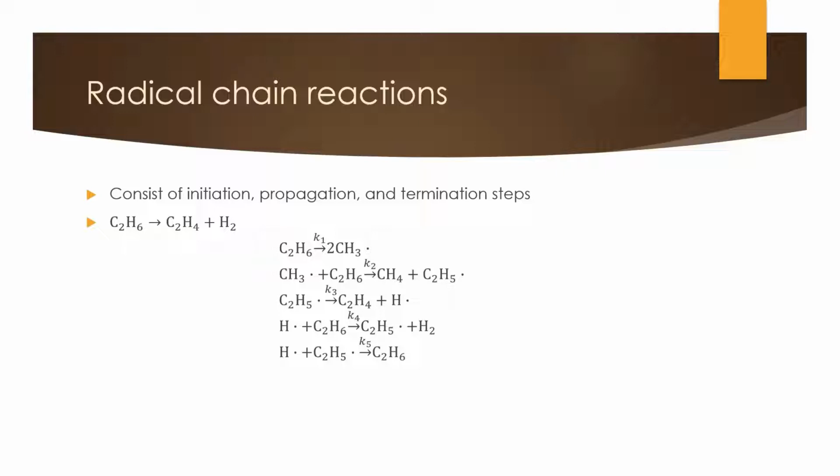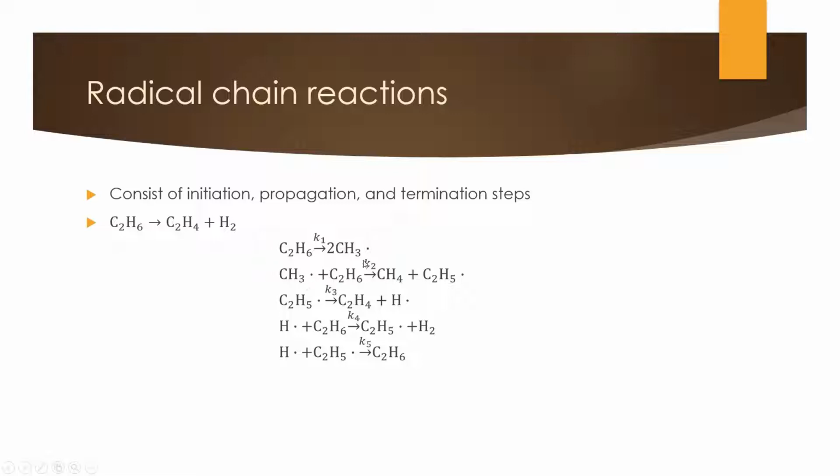This example goes through the decomposition of ethane into ethene and a molecule of hydrogen. Here we can see a proposed mechanism for this process. The initiation step is a molecule of ethane having homolytic bond cleavage into two methyl radicals.